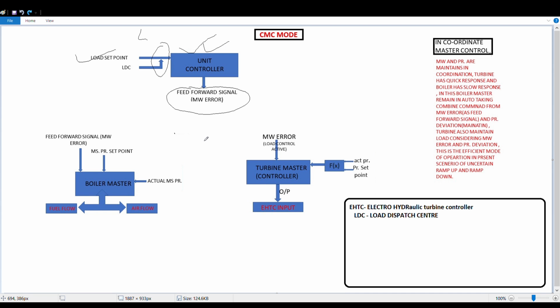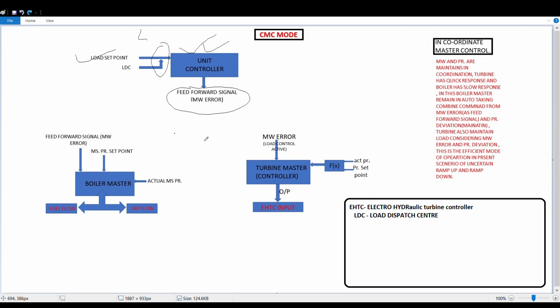So taking an anticipatory action, we will feed fuel also while we are raising load. That coordination, those simultaneous commands, are given by the CMC.